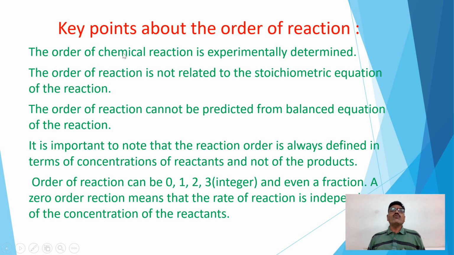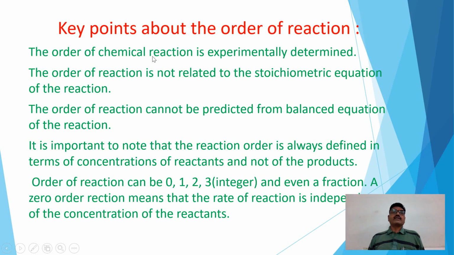Now see the key points about the order of reaction. The characteristics or the important points, key points about the order of reaction. The order of chemical reaction is experimentally determined. So again, this is very important. What is that?